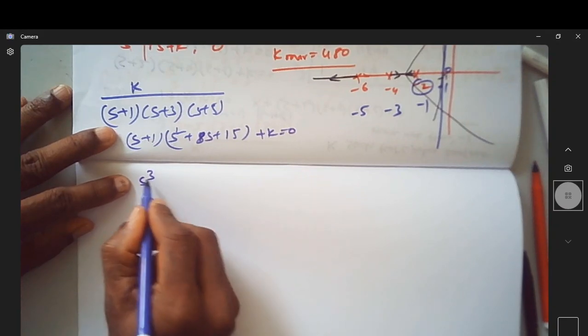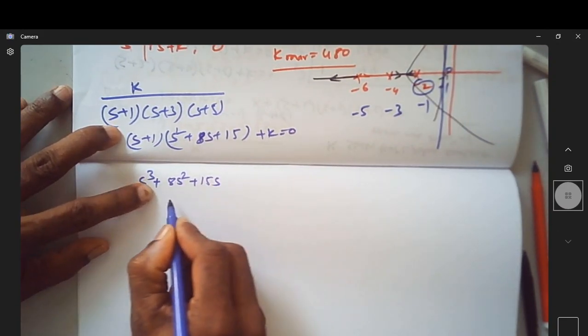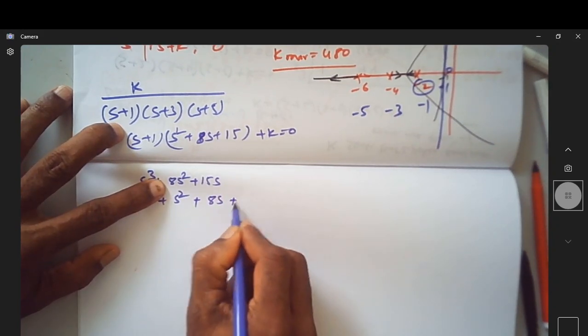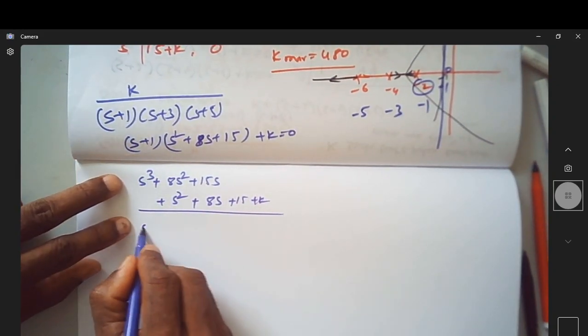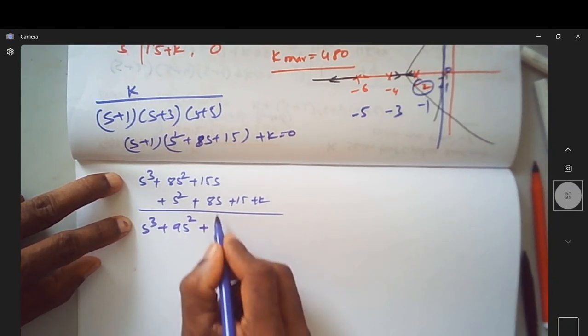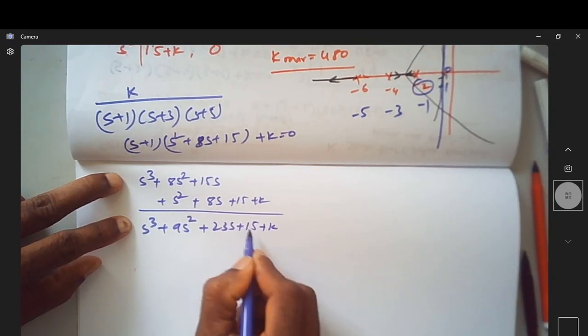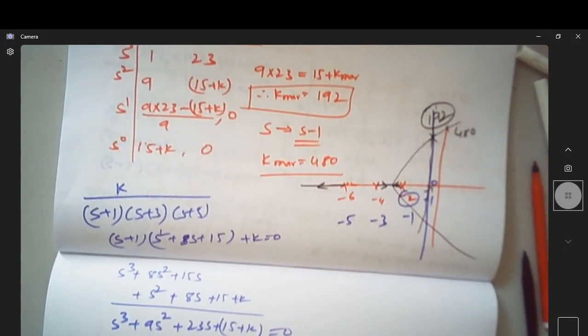Is it not s cube plus 8s square plus 15s plus s square plus 8s plus 15 plus k? Is it not now s cube plus 9s square plus 23s plus 15 plus k equal to 0? Just compare these two.